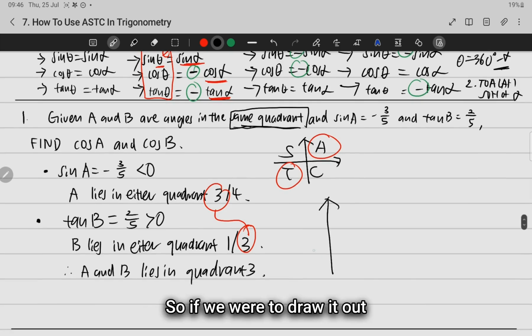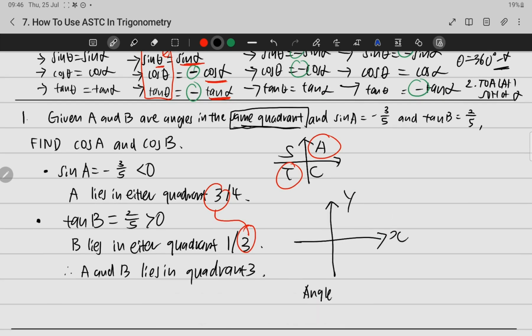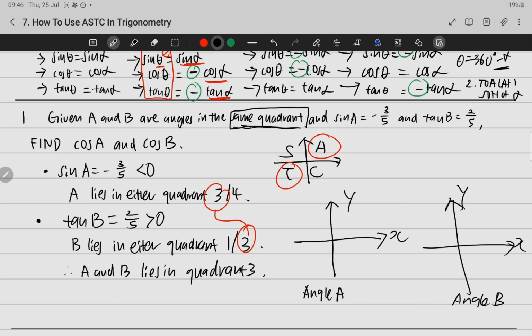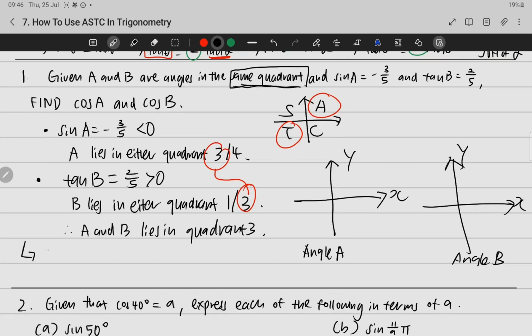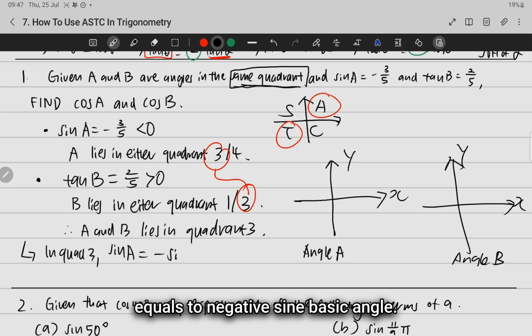So if we were to draw it out for, let's say, angle A first. So this is your Cartesian plane for your angle A. This is your Cartesian plane for angle B. Now for angle A, since sine equals negative 3 over 5, we know in quadrant 3, sine A equals negative sine basic angle.